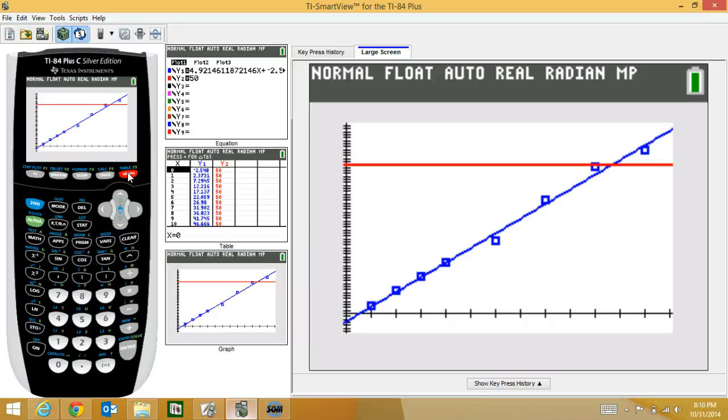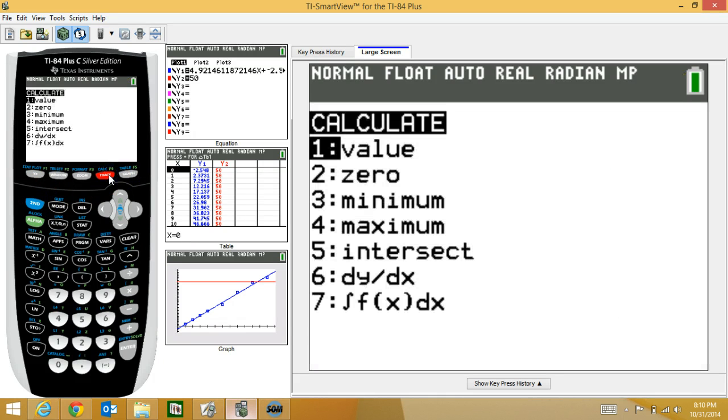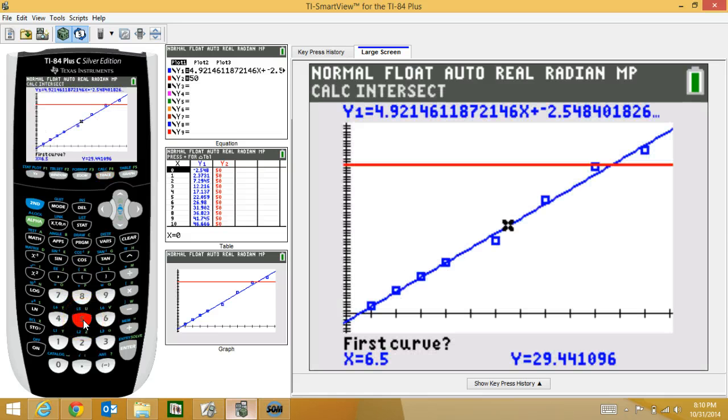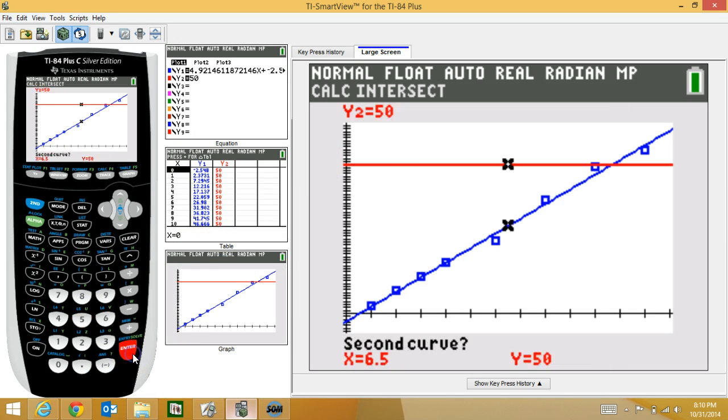So we're going to calculate that intersection, which is choice 5. Is first curve something we want to find the intersection of? Yes. Second curve? Yes. So hit Enter on that. And is that my guess? Yes.